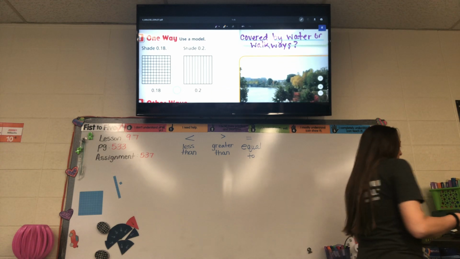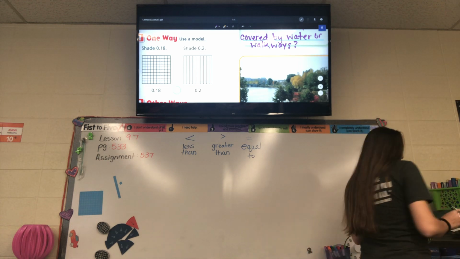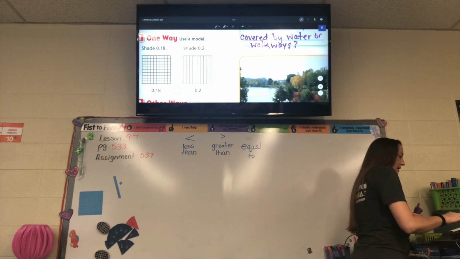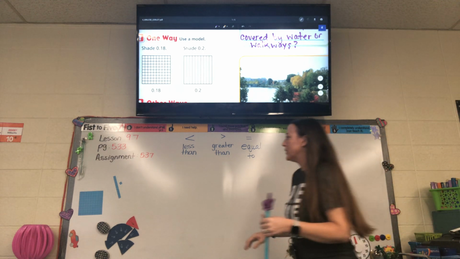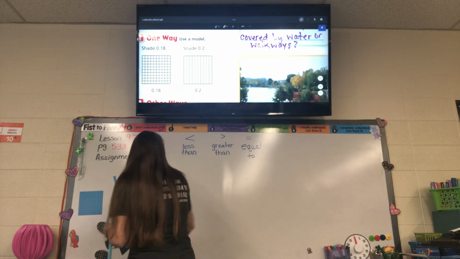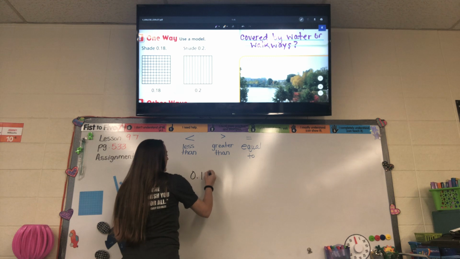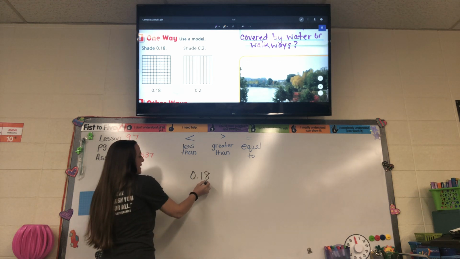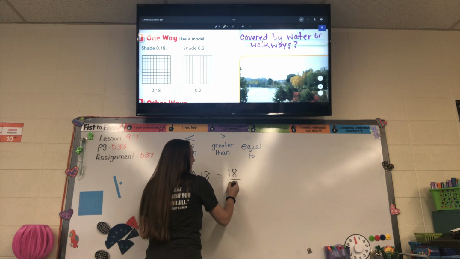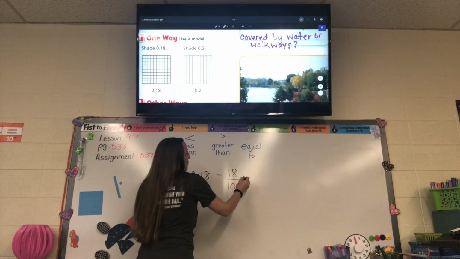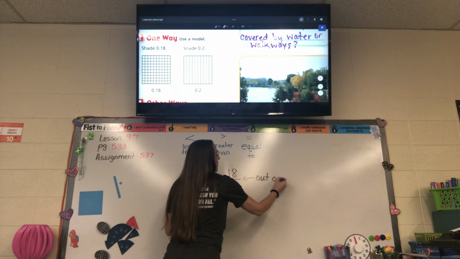Okay, so now one way to do that is to use a model, and we've got 18/100 and 2/10. So remember, when you're talking about hundredths, it says 18/100, and that is the same thing as 18 out of 100.